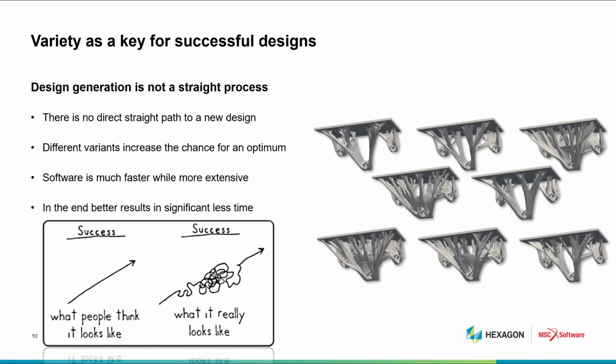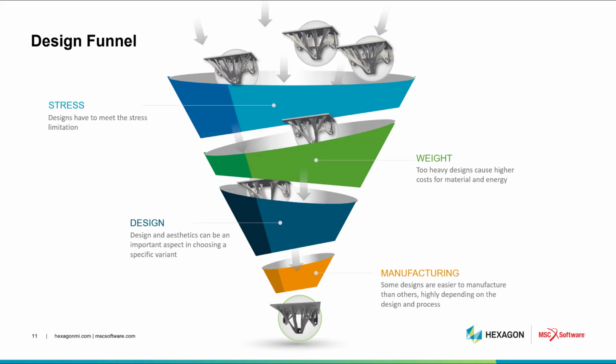but then we put them into a design funnel where we say, okay, I want to have a very lightweight part, but not the last grams out of it, because I want a design that fits my aesthetic needs. I want to have a part that looks nice.